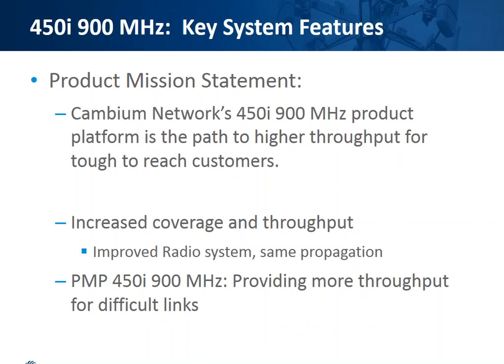It's really the spectrum of last resort, if you will. So many customers that cannot achieve a link using other types of spectrum, you resort to 900 megahertz to get that link completed. It allows you to increase your coverage. You can connect those tough to connect customers or difficult links, and with the 450i now you can provide more throughput to those guys.